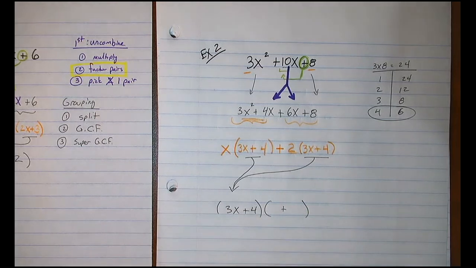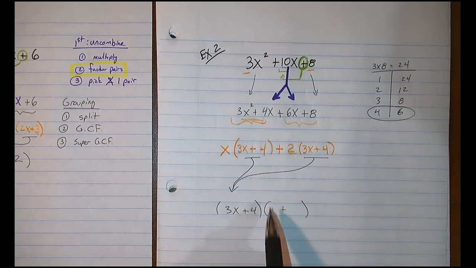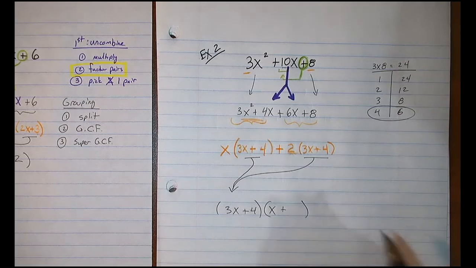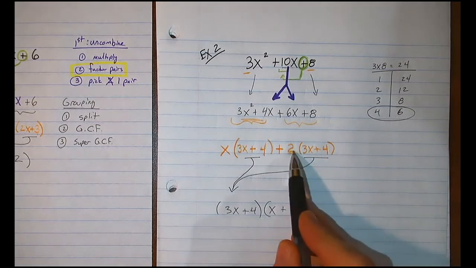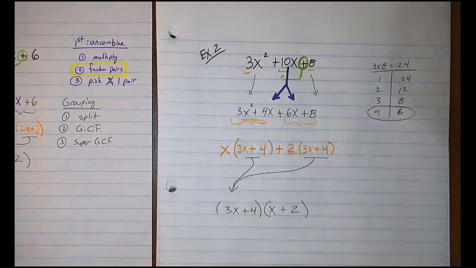I hope no English teachers are watching this, because boy, do I have bad grammar, but that's okay. What did I distribute this to multiply by here in the parentheses? Well, this thing is being multiplied by an X in the front, so that must be an X. And this thing is being multiplied by a 2 in the back, so that must be a 2. And so there's my answer.